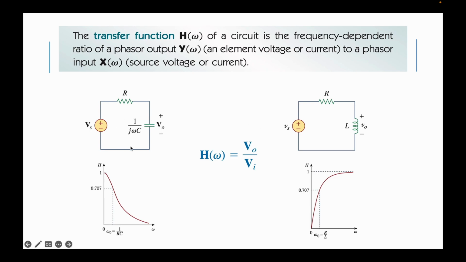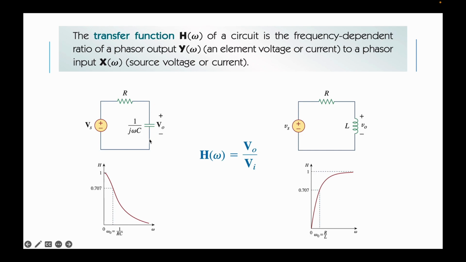So here in this RC circuit, we know a capacitor acts as a short circuit for very high frequency and an open circuit for very low frequencies. So in low frequencies, the capacitor acts as an open circuit.